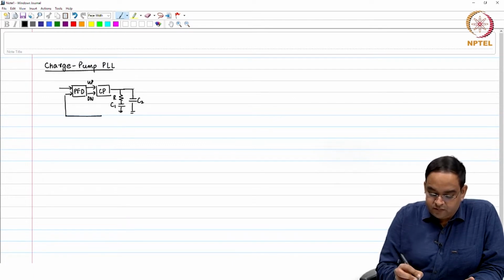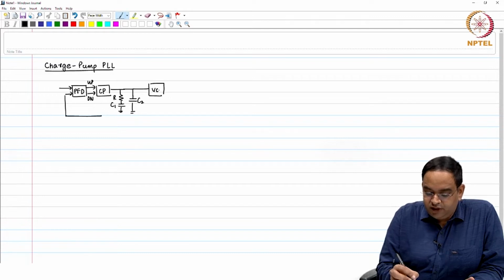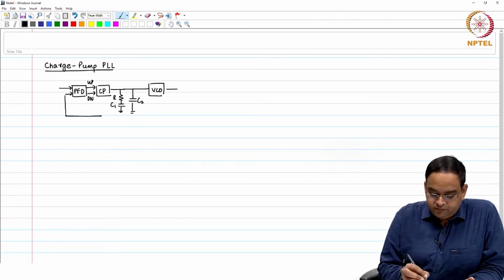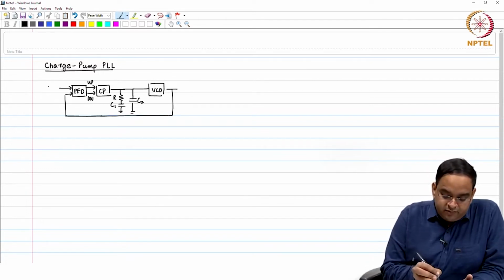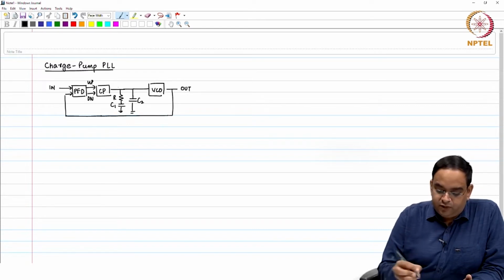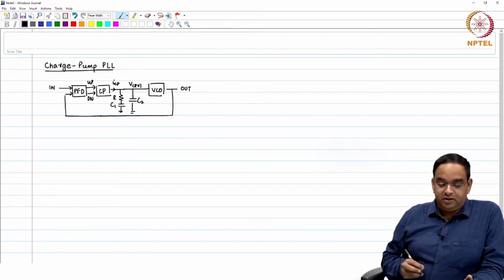And the output of the loop filter was given to the voltage controlled oscillator. In this particular case, we had our output frequency feeding back at the input. So, this is our input, this is our output. The output of the charge pump is current, small ICP, the voltage was V control.